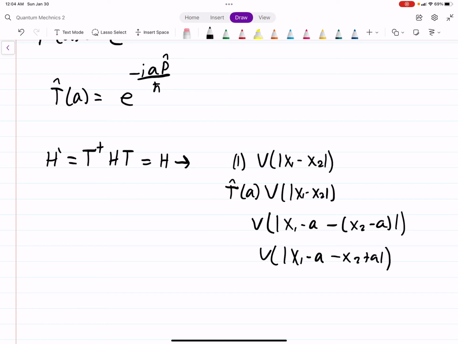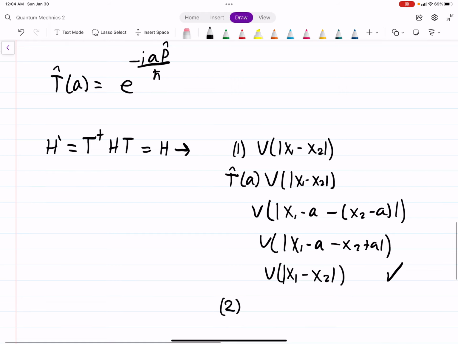And we can see the a's cancel. So what this is telling us is that under this transformation, our potential remains the same. So the potential is invariant, which is half of our Hamiltonian.